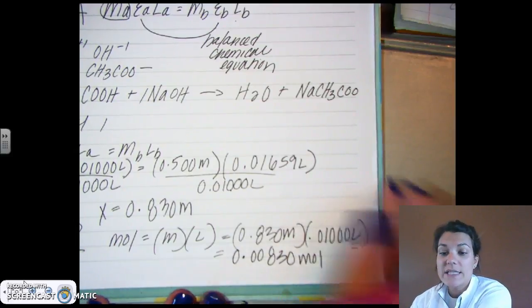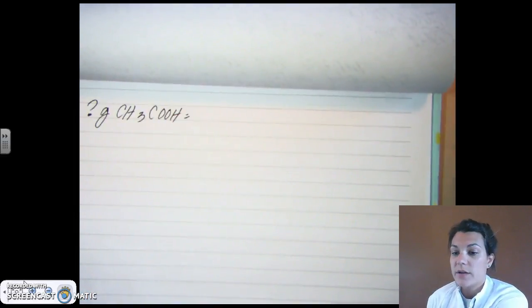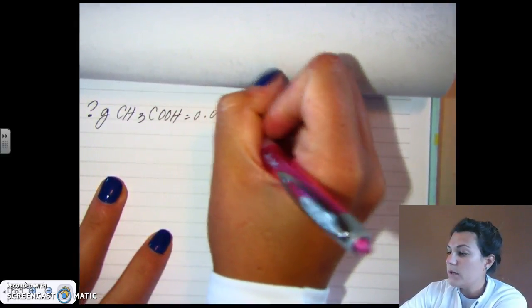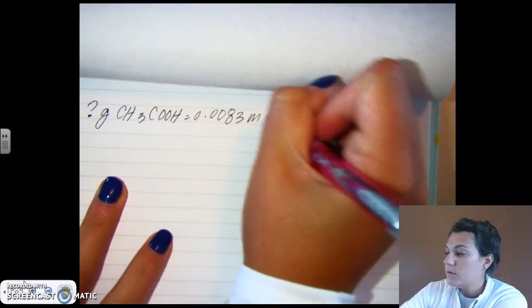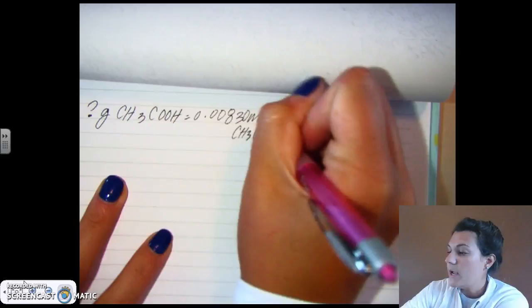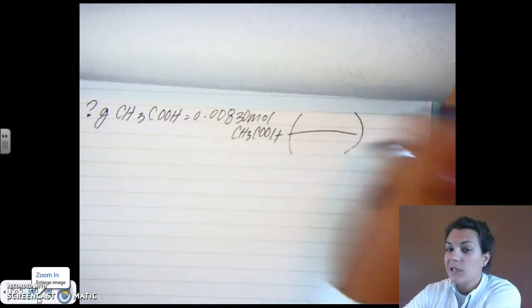But the question that I stated was, how many grams of acetic acid is this? And that's just going to be a simple mole conversion, right? So I'm going to say question mark grams of acetic acid, which is CH3COOH, is equal to the moles that I just calculated from molarity, which is 0.0083 moles of CH3COOH, right? So now what you have to do is convert.